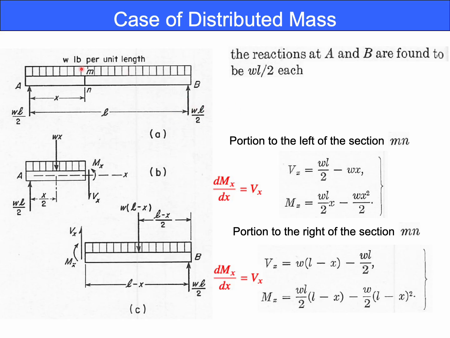So you can divide the integrated load into two, so you obtain the reaction force here and here. This is symmetric at the center, so the total load is divided into two. wL over 2 and wL over 2 are the reaction forces at the end A and the end B.